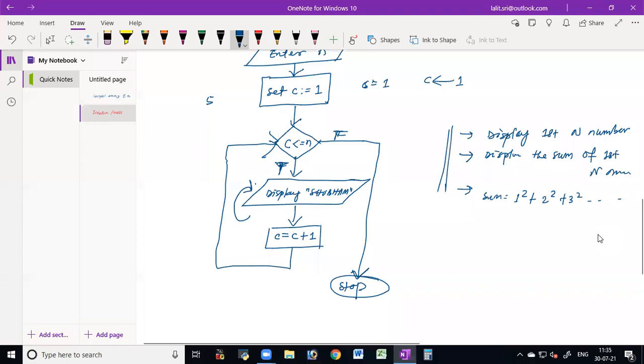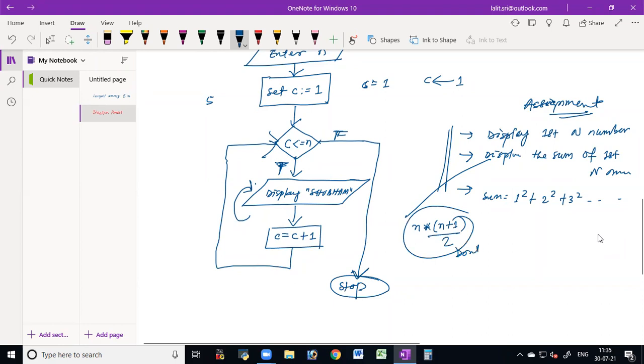So these 3 algorithms and flowcharts will be the assignment for you. Display first n numbers. You have to draw the flowchart and write the algorithm. Display the sum of first n numbers, that means 1 plus 2 plus 3 plus 4 up to n. Then display 1 square plus 2 square plus 3 square, like this. So don't do this using the formula n into n plus 1 by 2.